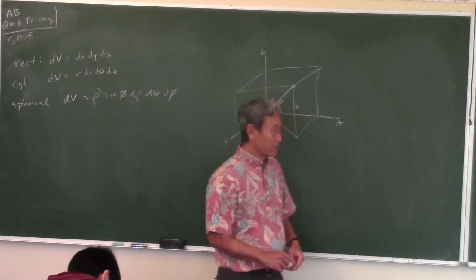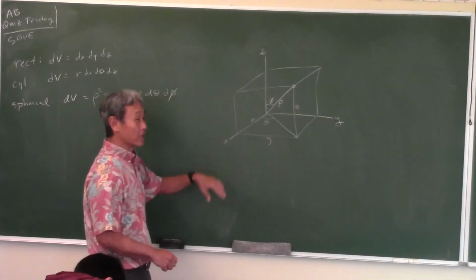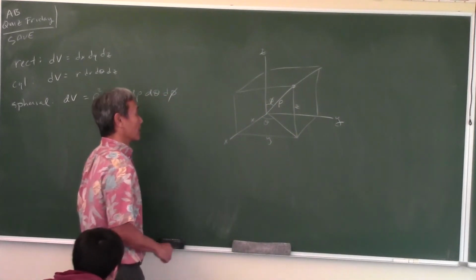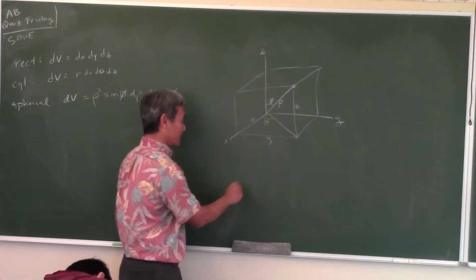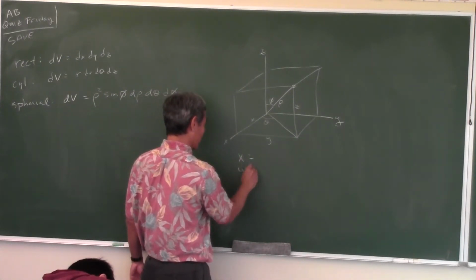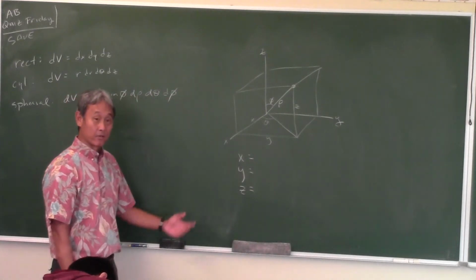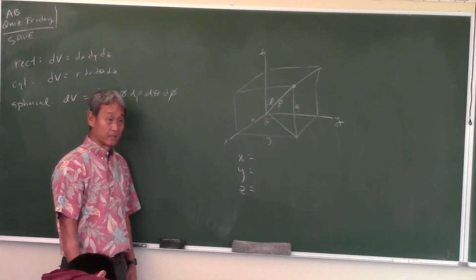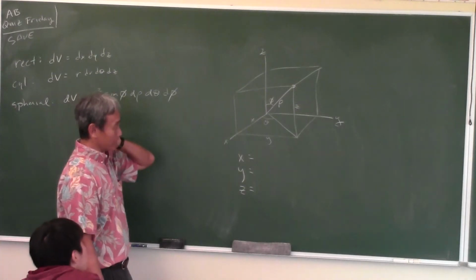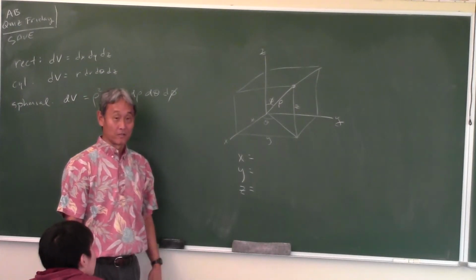You know what? Let's look at this picture. I think, in fact, it was on the test, right? PCH test. You were in my class for PCH? Didn't we have a problem like convert x, y, and z into spherical coordinates?